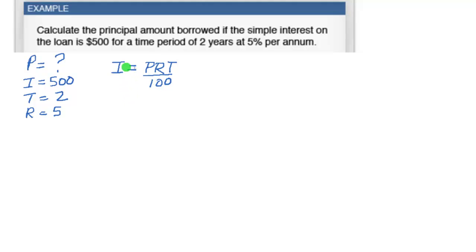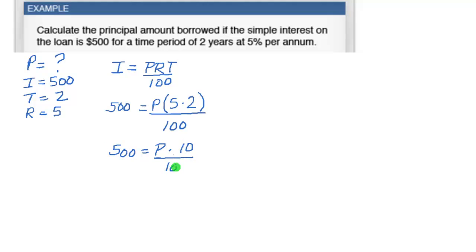So let's put in what we have. We have 500 equals P, which we're looking for, times R, which is 5, times T, which is 2, divided by 100. We're going to multiply these two first. 5 times 2 is 10. So P times 10 over 100.